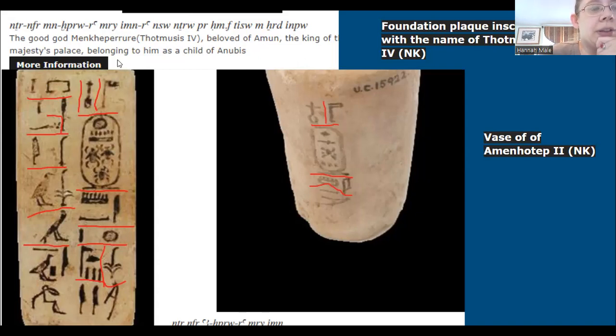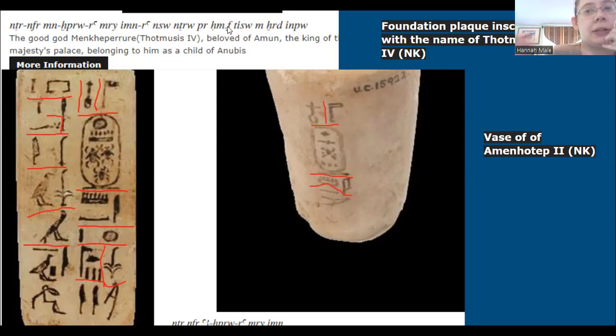So the king of is this NSW, which is this here. And then the of, so it's implied of, His Majesty's is this dotted HM.F.